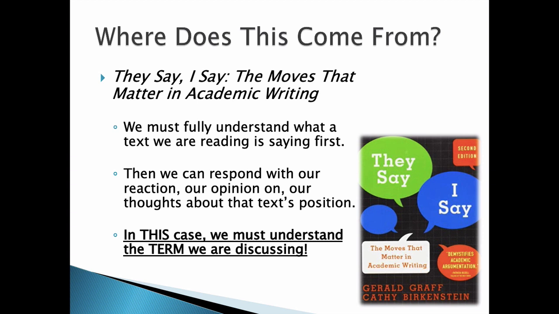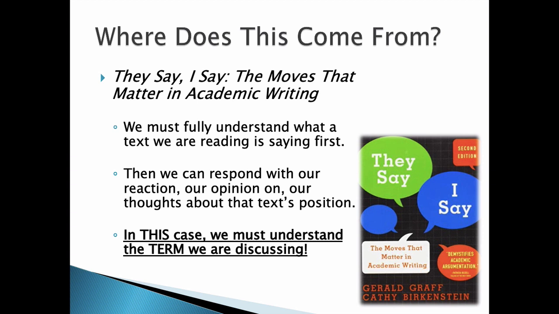Like we said before, this structure comes from the book They Say, I Say, The Moves That Matter in Academic Writing. And the basic premise of that writing instruction manual is that as writers, we students need to fully understand what a text we are reading is saying first. So that's the reading part. We have to understand what they say, what the text says, what the novel says, what the political cartoon says, and in this case, what the definition says.